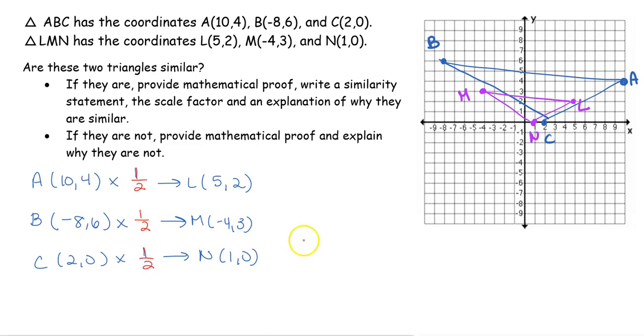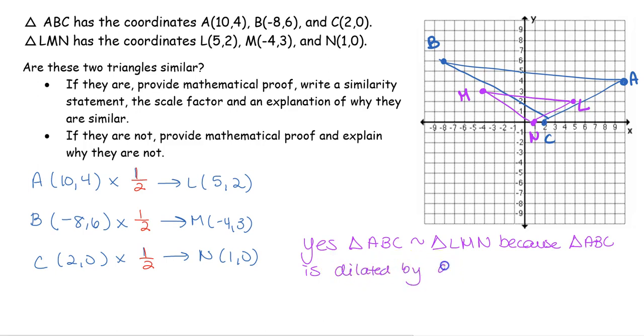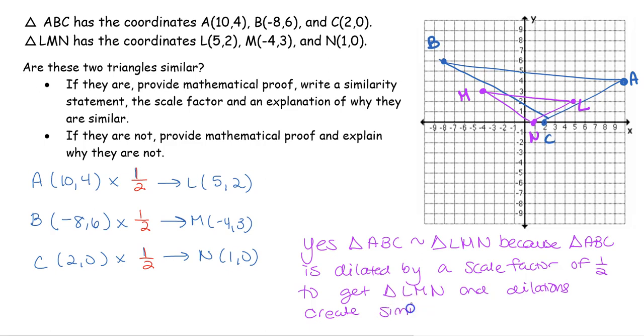So we can say, yes, triangle ABC is similar to triangle LMN because triangle ABC is dilated by a scale factor of 1/2 to get triangle LMN, and dilations create similar figures.